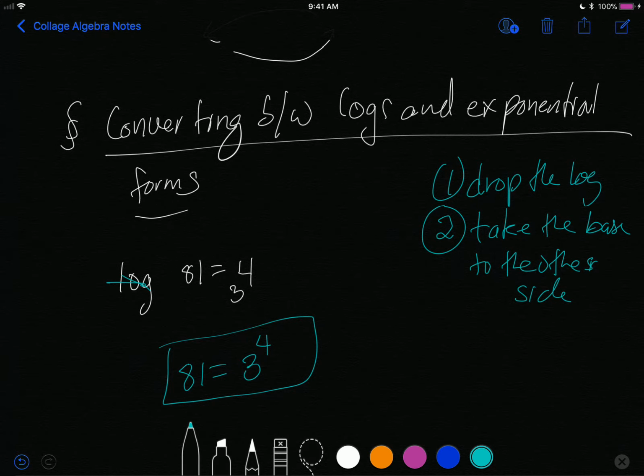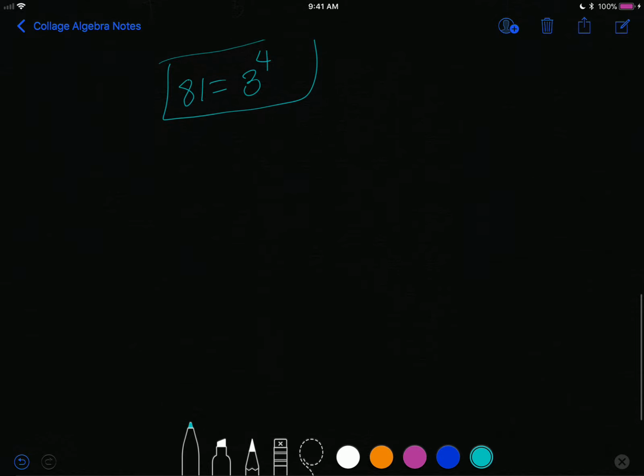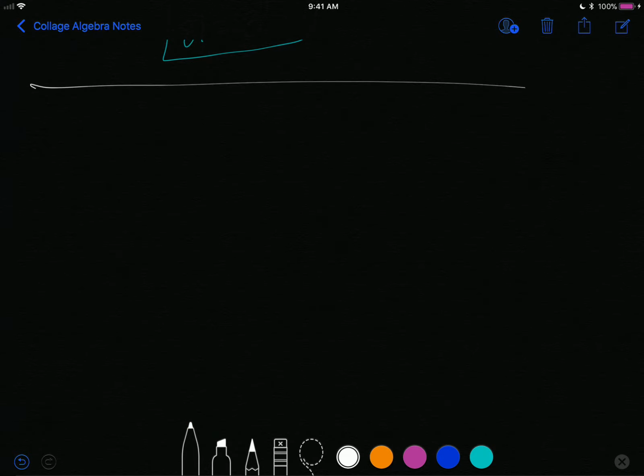Let's try a few more examples. One of the most important reasons for this rule, converting to exponential form, is that it allows us to solve equations involving logarithms. Let's say I have log base 4 of x is equal to 2, and I want to find x. Well, if I simply convert to exponential form, I will solve the problem immediately.